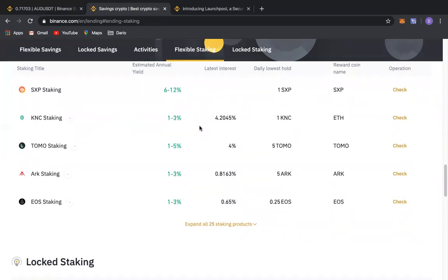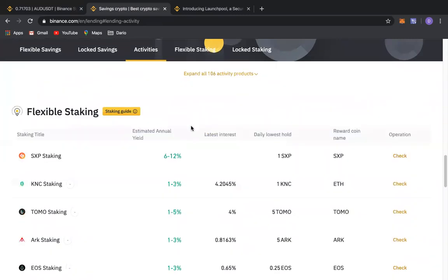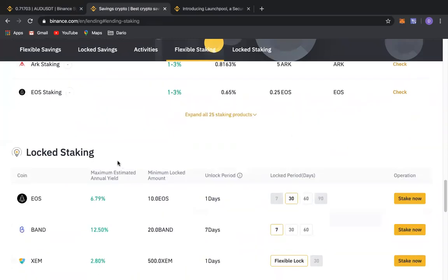Now keep in mind, if you do lock staking and you want to change your mind and get out of it, you won't be able to for a locked time period, depending on what you choose. And on some of these, you'll actually earn more if you lock it for more. But keep in mind, if the market crashes, you won't be able to take your crypto out.